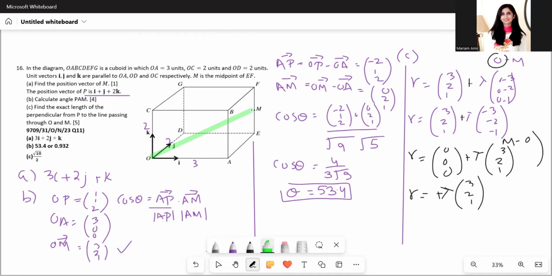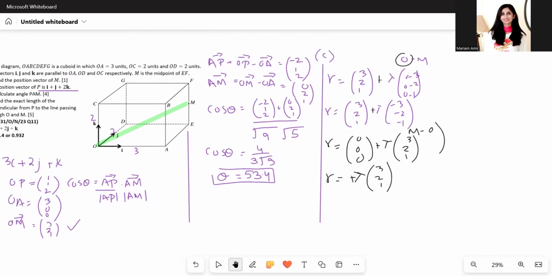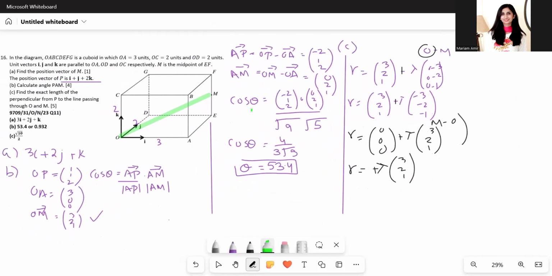Okay. Find the exact length of the perpendicular from P to the line passing through OM. Now, P could be anywhere around that line. Let's say P is here, and P has coordinates 1, 1, 2. Oh, sorry, that was my kid.